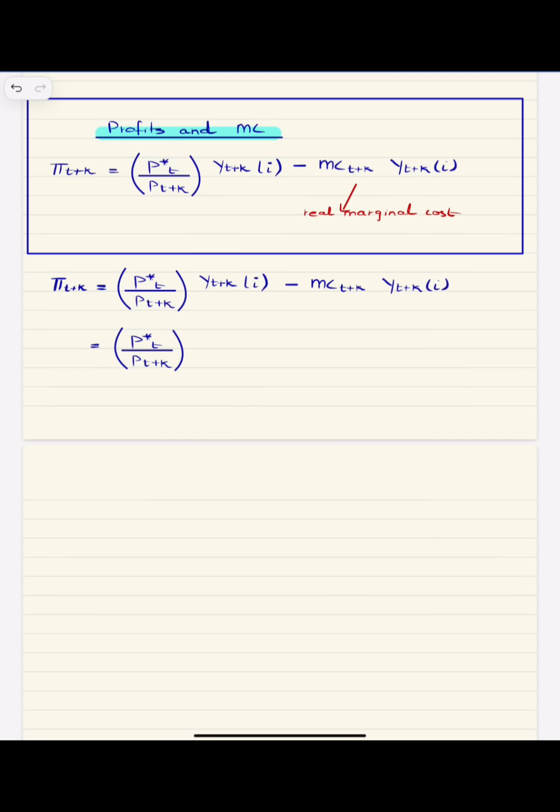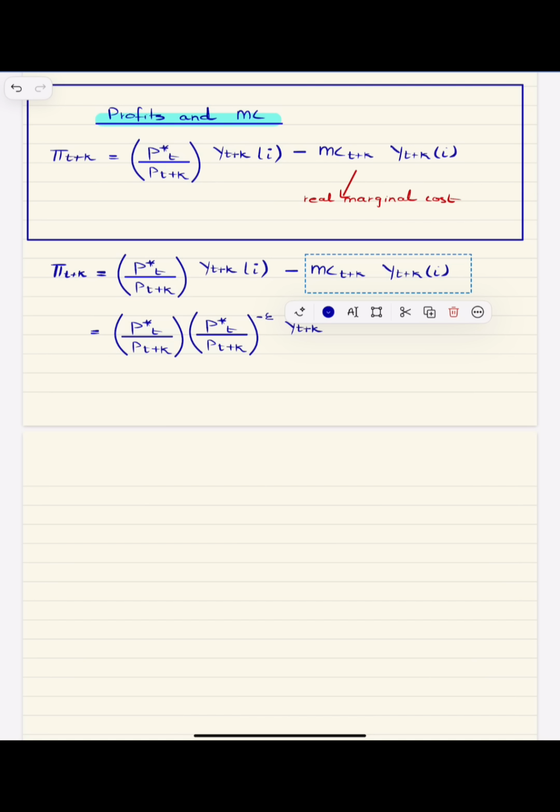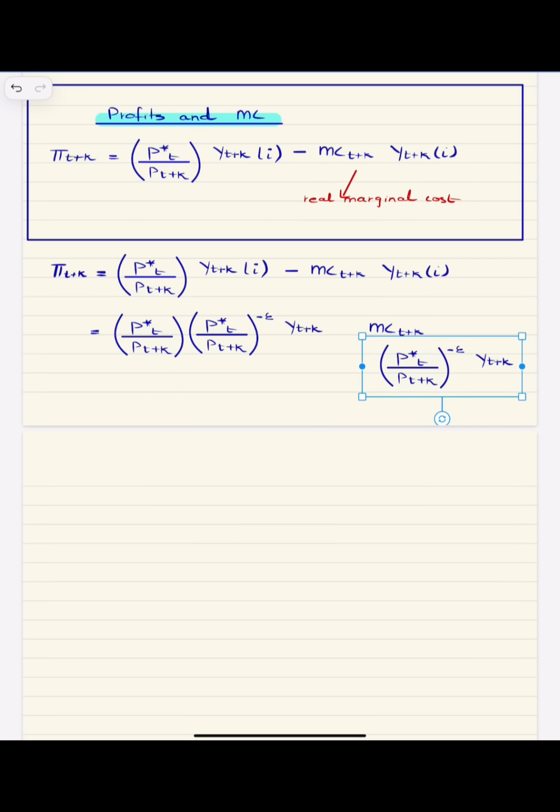Anyhow, okay, this is the output of each firm, the demand faced by each firm. We'll substitute this here. Okay, and we have this here. Actually, let's substitute the demand for each firm over here. Yeah, substituted. There's a minus sign in between.